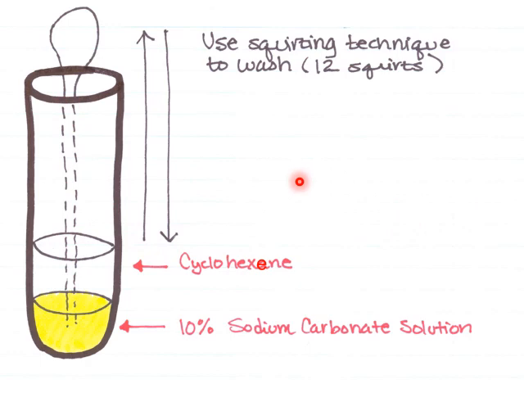For washing with 10% sodium carbonate solution, you can use the squirting technique, which I've explained in some of our previous experiments. You can do it 1 or 2 times to be sure that you completely remove the remaining acid in cyclohexene.